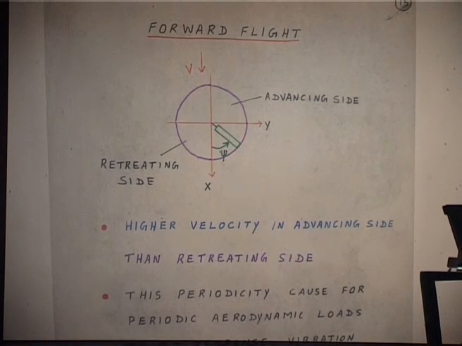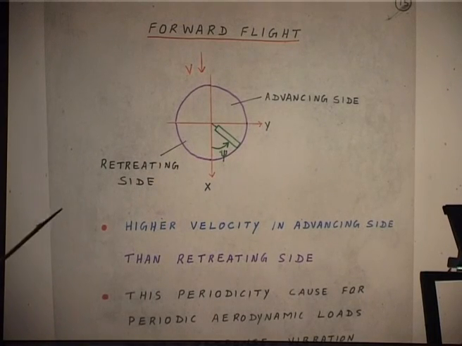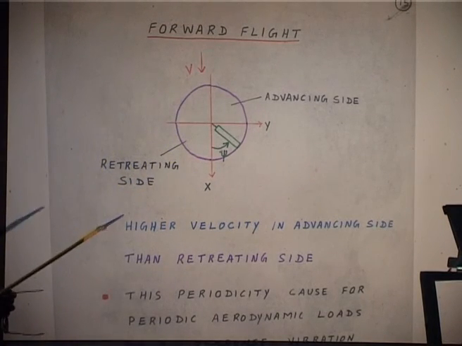Only thing is the pilot has to get adjusted to the direction of rotation, otherwise all the calculations are the same. Somehow American helicopters always rotate counterclockwise, whereas all the European, the Germans, everybody rotate clockwise. So, we are going to take the counterclockwise rotation as positive.